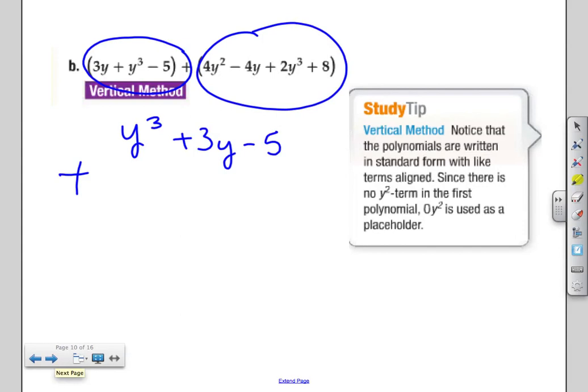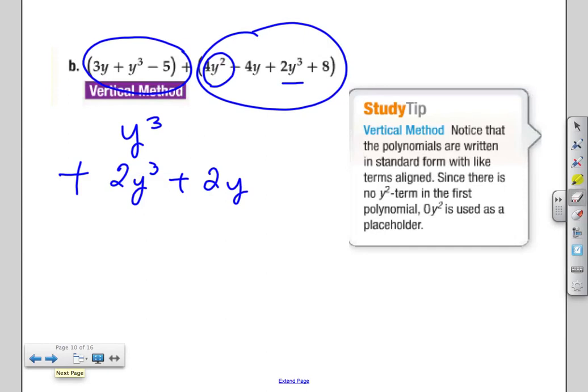So we have a 2y cubed. That's going to go under that y cubed one. Here I notice that I have a y squared term. I don't have a y squared term in this first one. Oh, it's 4y squared, sorry. 4y squared here. I'm going to have to hold that place with a 0y squared there.